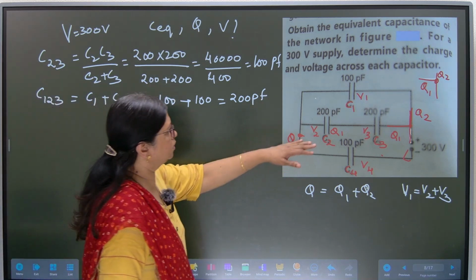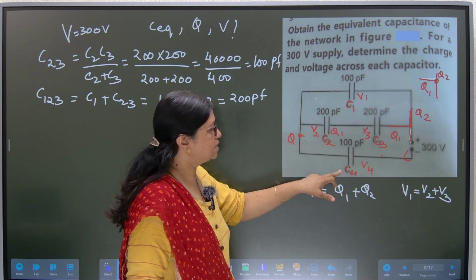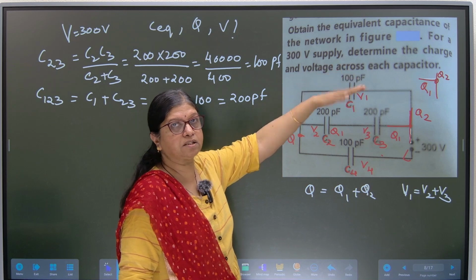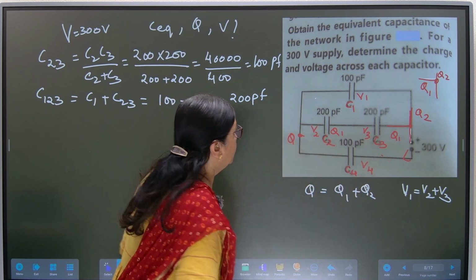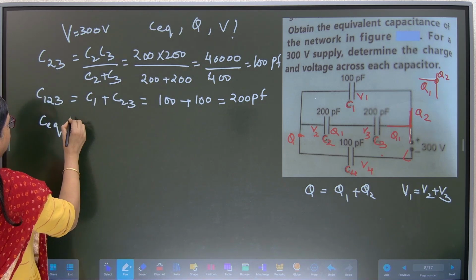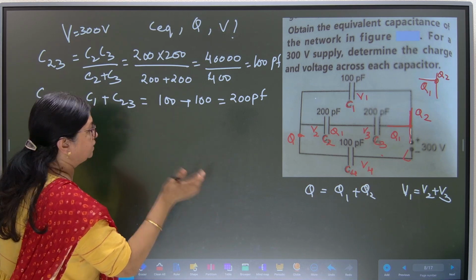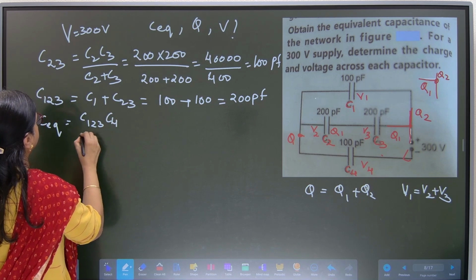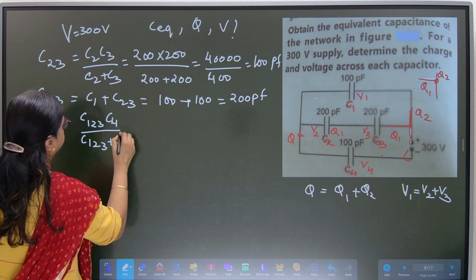Fine. So this combination of C123 and C4 are in series. As you can see, the upper part joins with the lower part of the capacitors. Fine. So to get C equivalent, C123 and C4 are in series. So we write C123 C4 upon C123 plus C4.